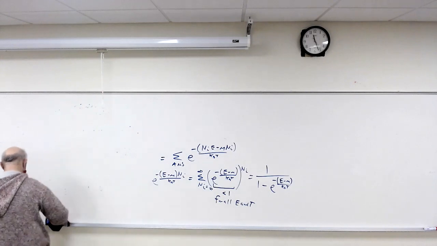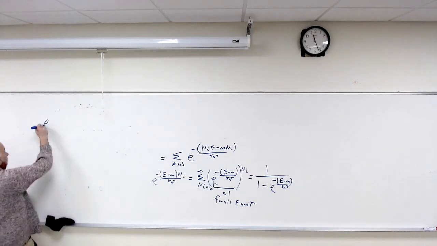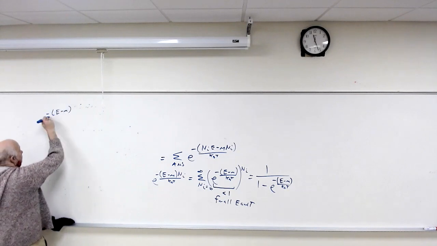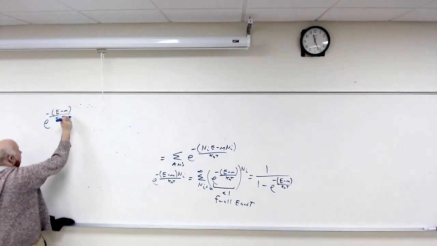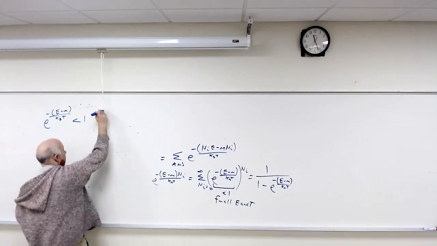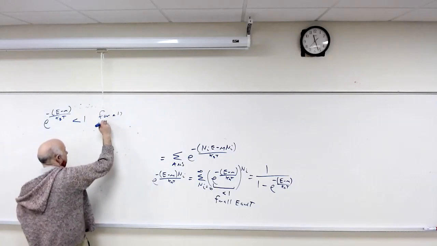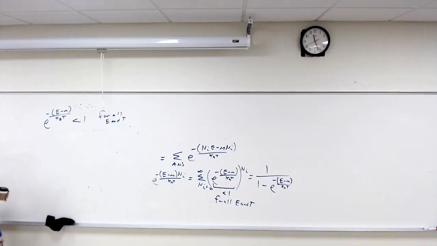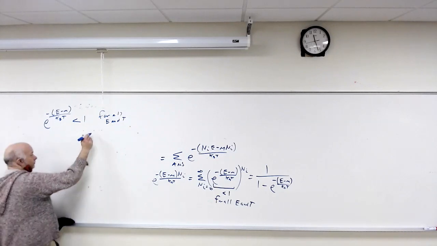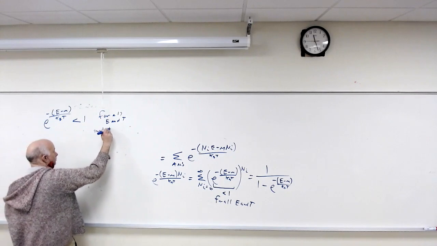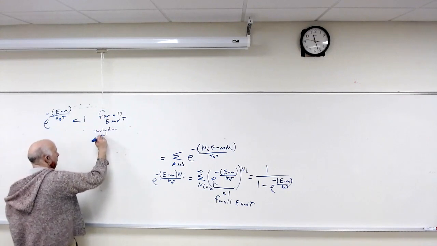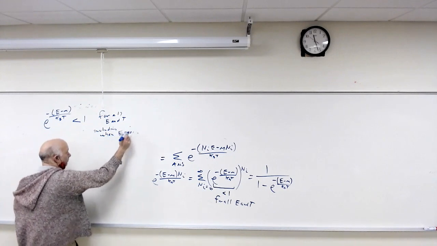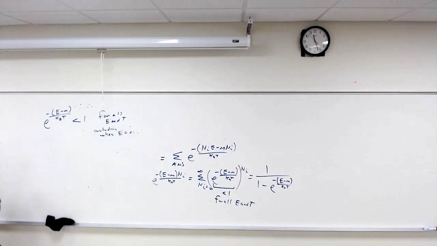What I have here is that this is true for all E and T, which is just what I have there, but I'll isolate it, including when E is 0. Right?